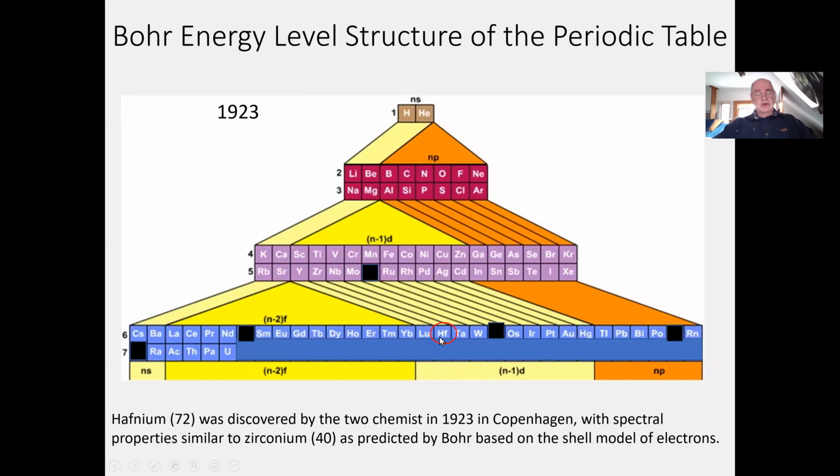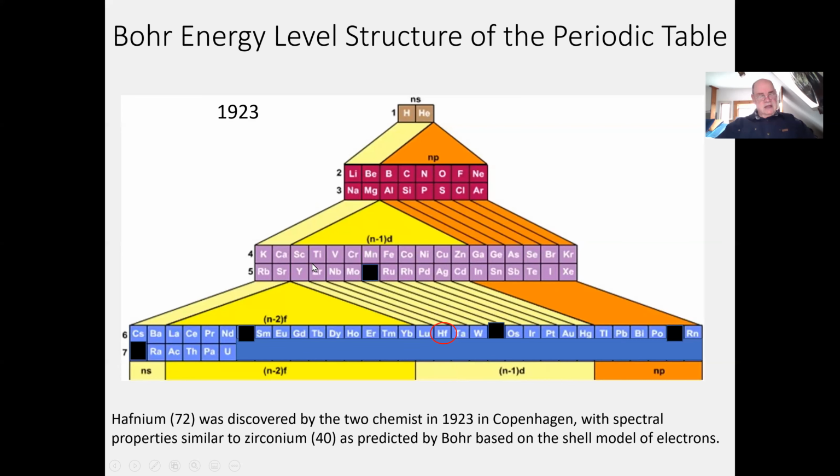His model really only worked very well for hydrogen. Here we are up in 72 with 72 electrons. The complexity here, even the Sommerfeld ellipses were not going to make this a simple and clear analysis. But Bohr did see enough that, according to the spectral analysis, given the energy levels of his radii, of his orbits, of his stable electrons, this thing should have the same kind of chemical characteristics as zirconium.